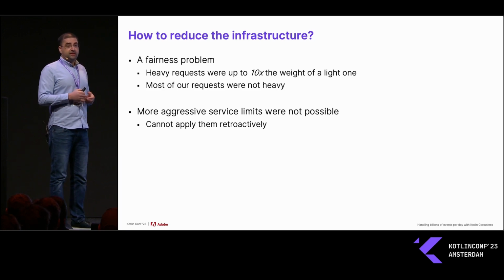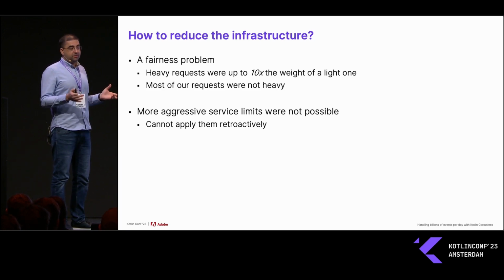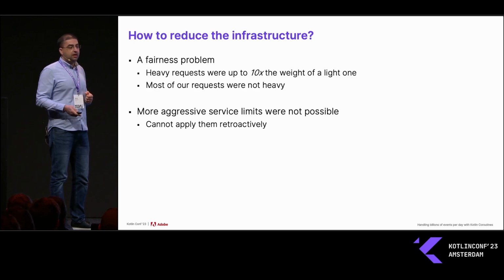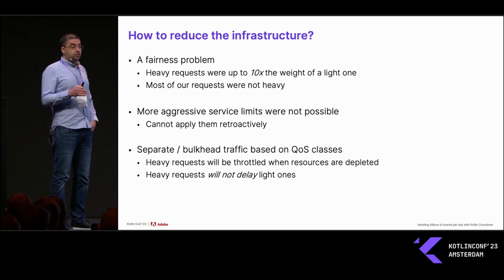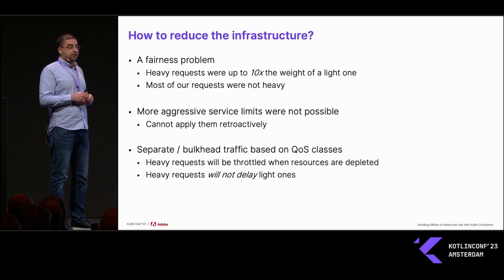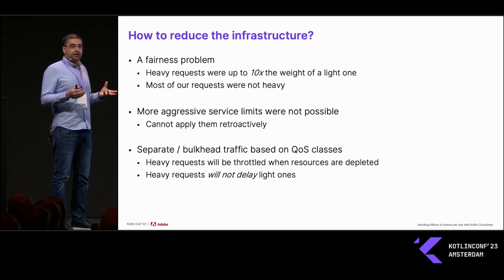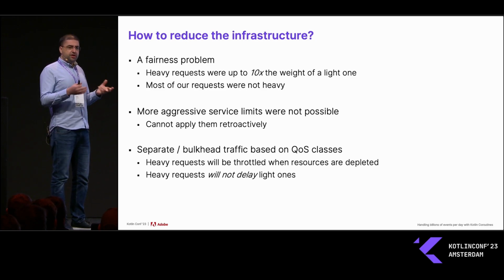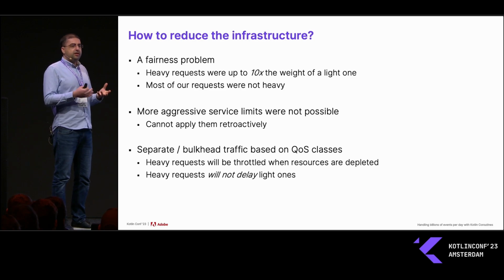Introducing more aggressive service limits was not possible at this point, since we couldn't apply them retroactively. But what we could do is separate traffic based on weight, or the expected weight, or other factors like source. User-generated traffic is generally more latency sensitive than system-generated traffic.